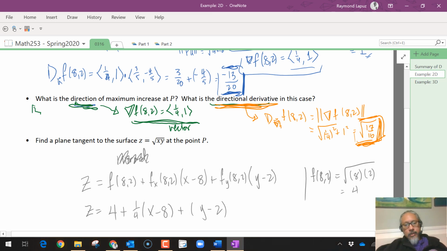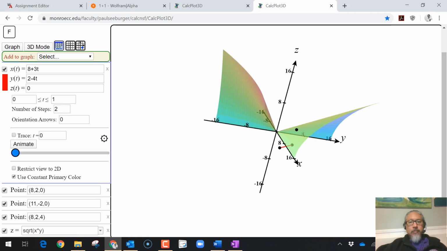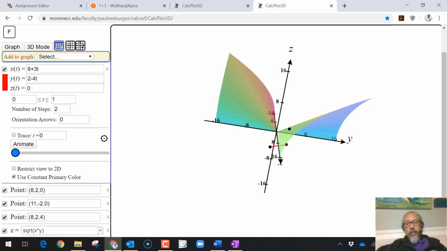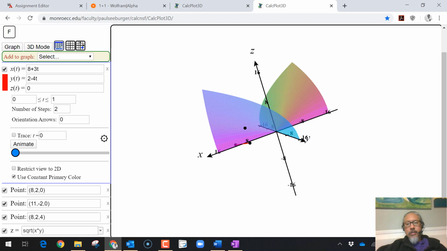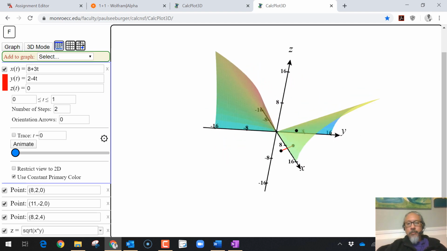Okay, so that's it. Let us take a look at this function. This is the function f of (x, y), the square root of x times y.